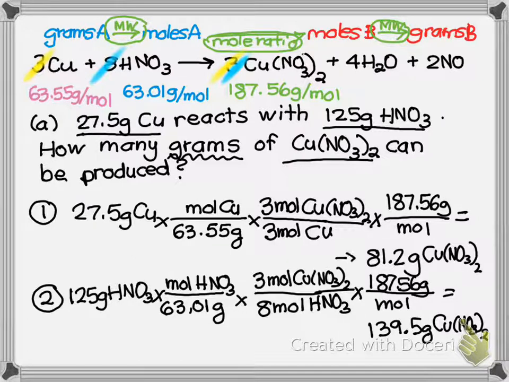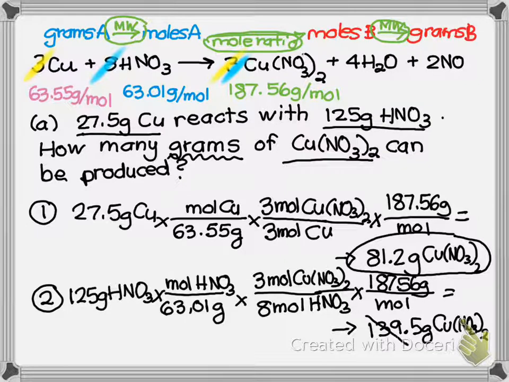So I look, the 27.5 grams of copper gave me 81, and the 125 grams of nitric acid gave me 139. So for how much will be made, you'll always choose the smaller amount.